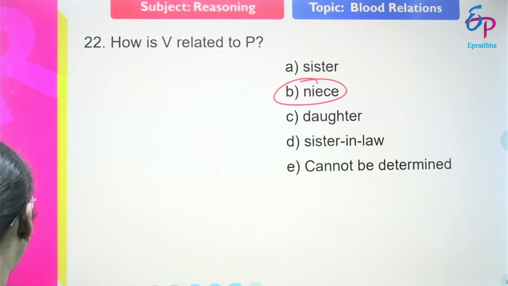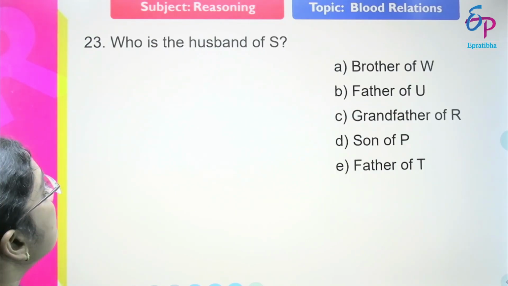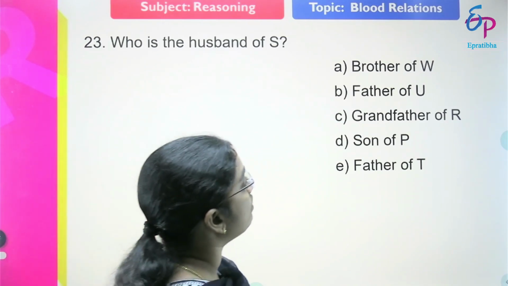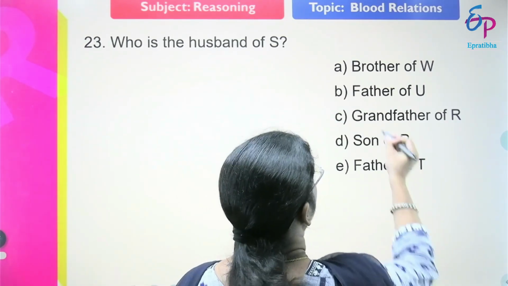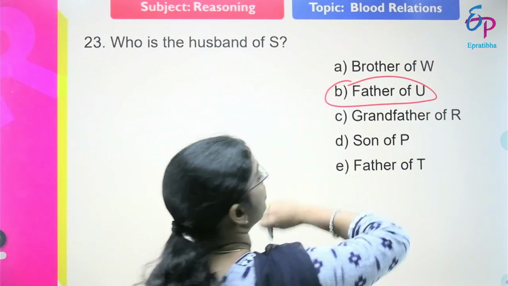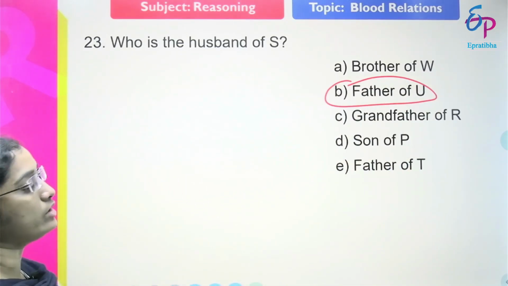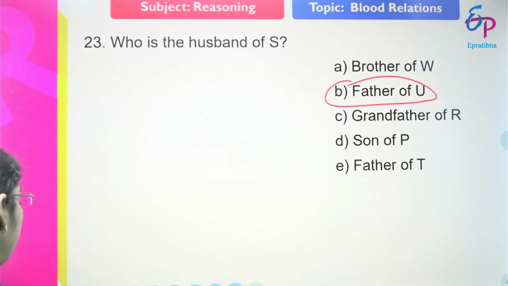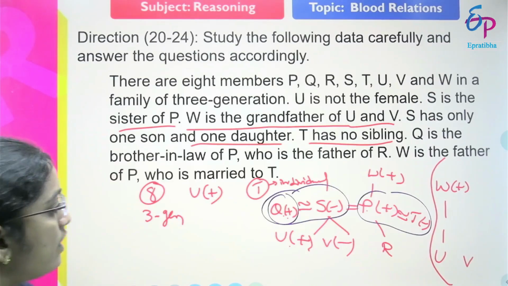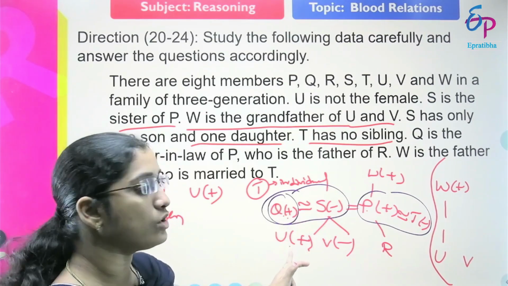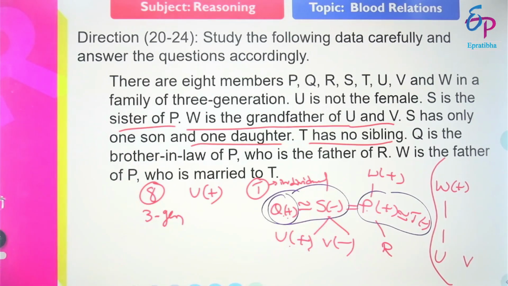Then who is the husband of S, right? So brother of W, wrong, friends. Father of U, yes, father of U. So Q is father of U, right? So that is the correct answer. Husband of S is Q, so Q is father of U. Yes, perfectly correct.